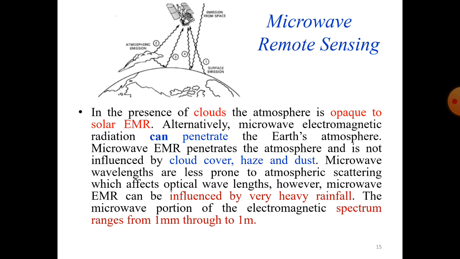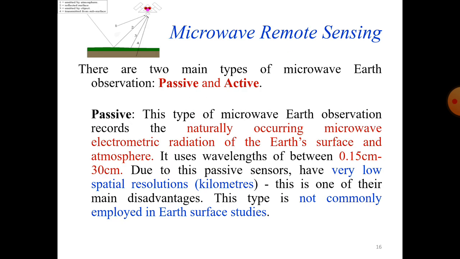So, it is widely used during these disturbing climatic conditions, and even during the rainy seasons and rainfall conditions. So, that is about the importance of microwave remote sensing.